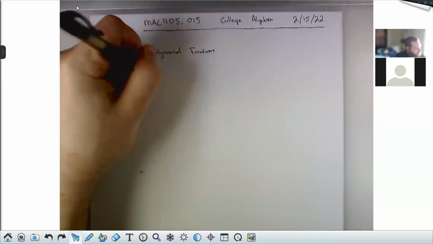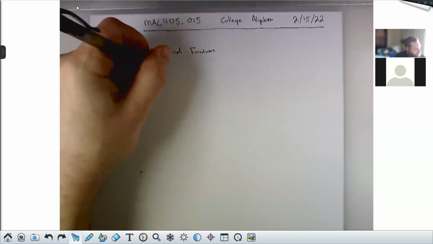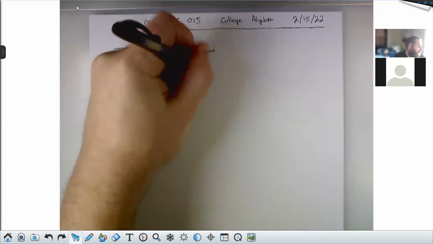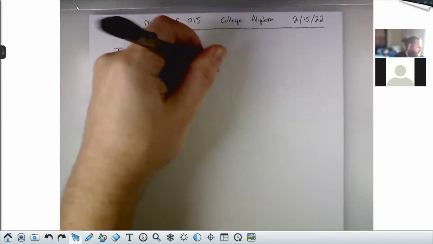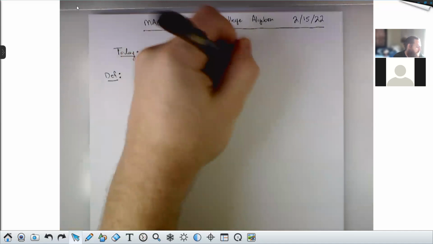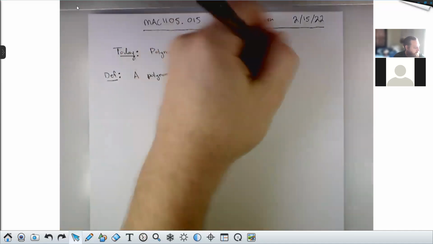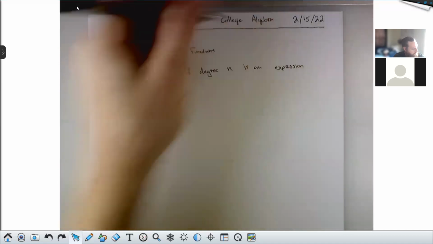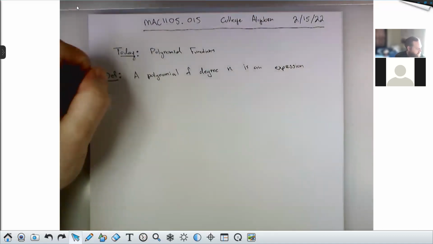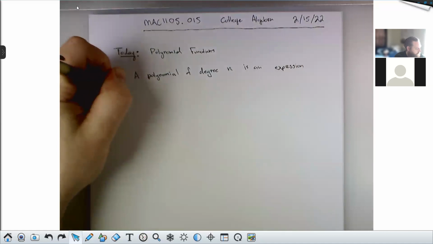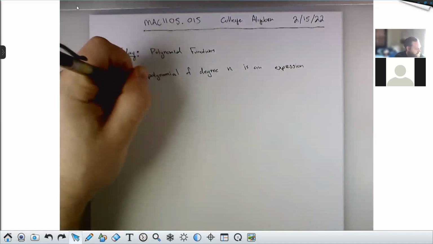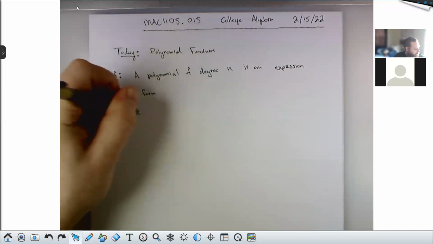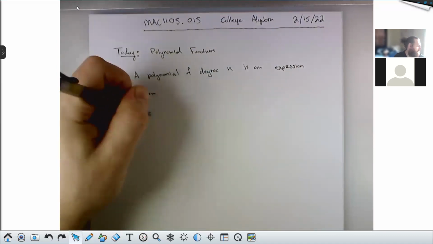So a polynomial of degree n is an expression of the form, and this is the formal definition, I'll call it P of x equals.